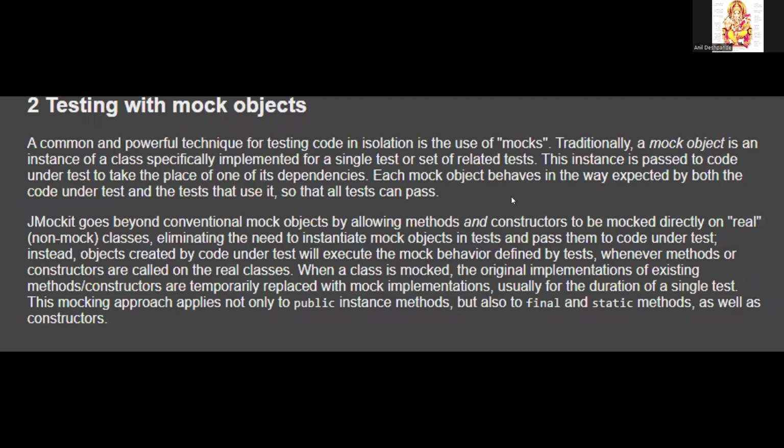This instance is passed to the code under test to take the place of one of its dependencies. Now, each mock object behaves in the way expected by both the code under test and the test that uses it, so that all tests can pass, right?